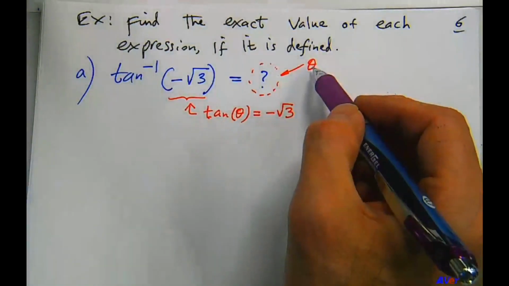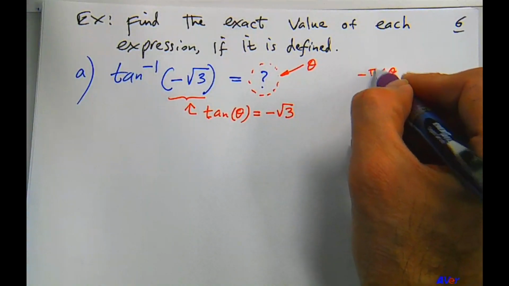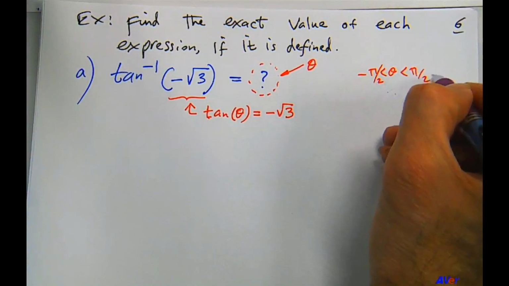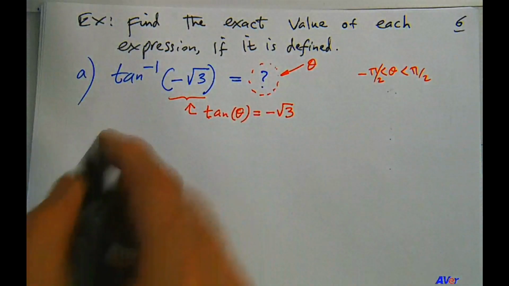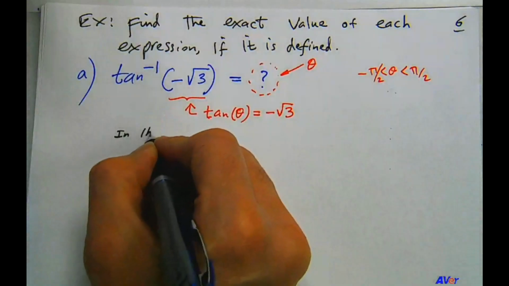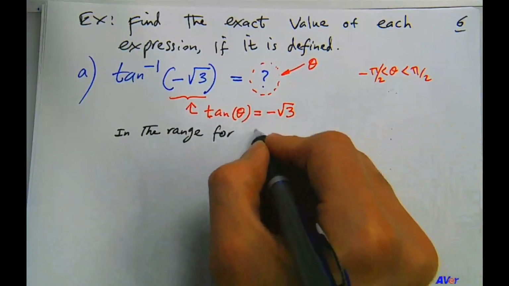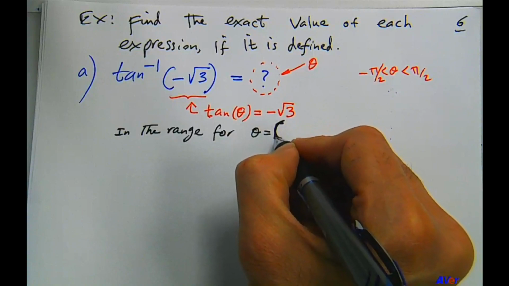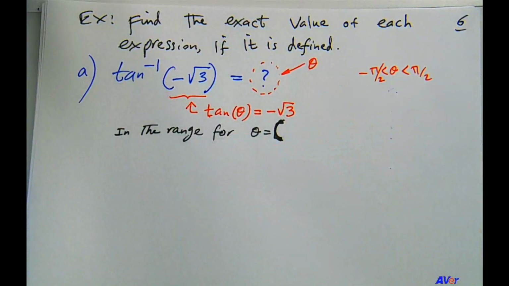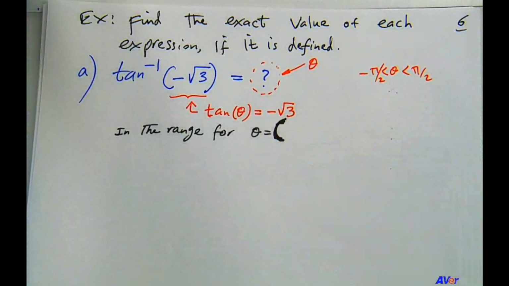Okay, so we know that theta must range between negative pi over 2 and pi over 2. Keep that in mind as we're looking for this theta. So in the range for theta, it's parentheses for sure, not brackets. So let me make sure that that is in fact a parenthesis.